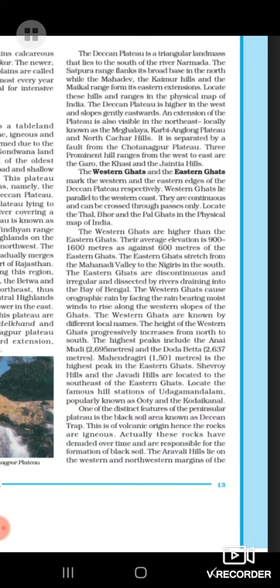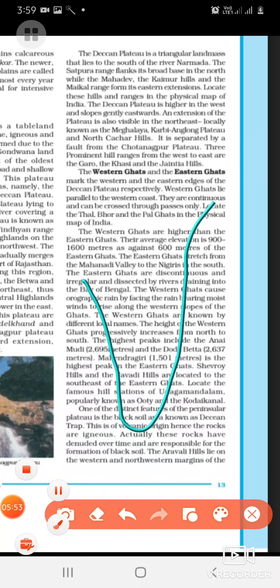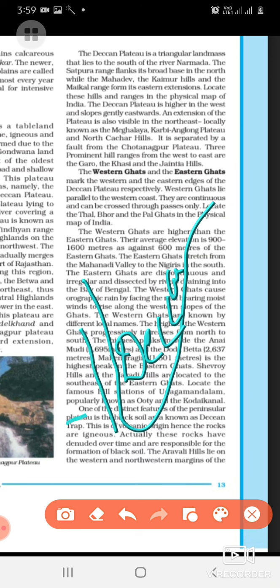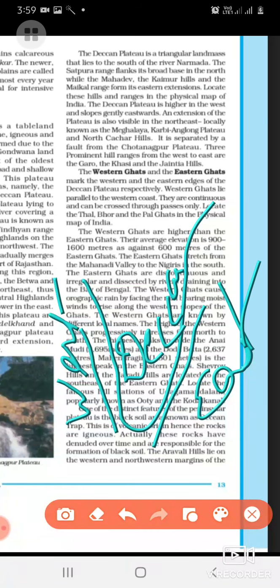When you see the map, if we draw it, this is the Deccan Plateau, this side is the Western Ghats and this side is the Eastern Ghats. We will see all these things on the map.